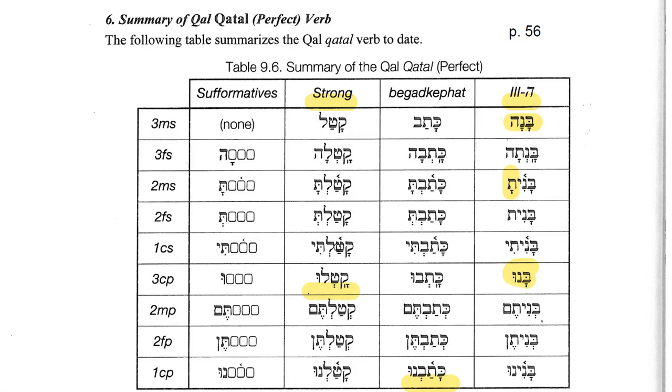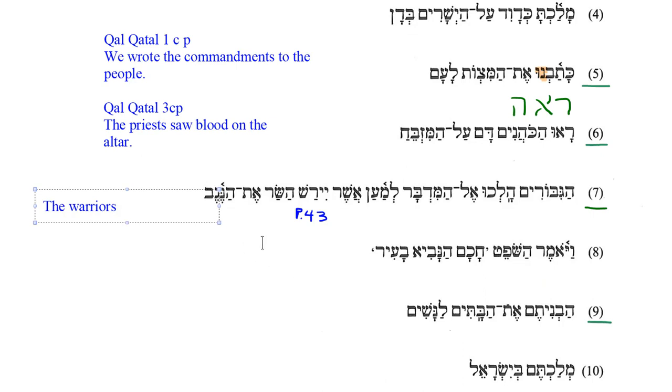Our paradigm verb is qatal, and that would be qatalu. And over here, that shows up as halaku. So that is a Qal Qatal third common plural. I'll put the parsing over here this time.